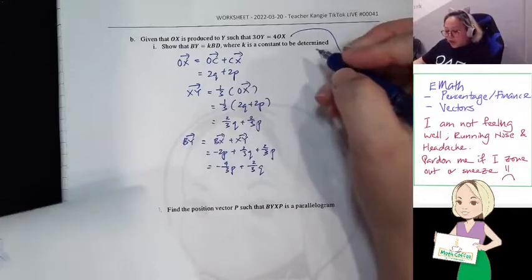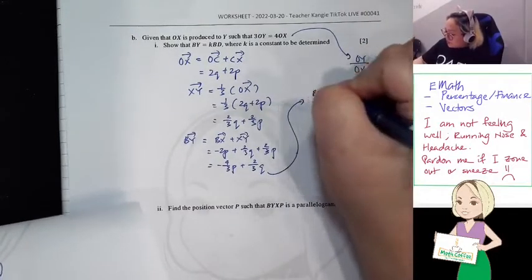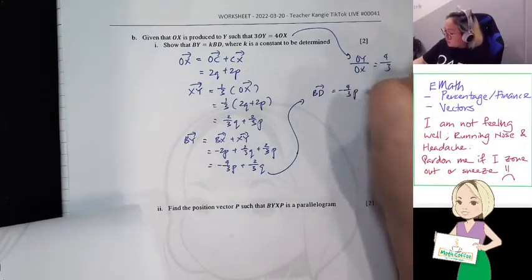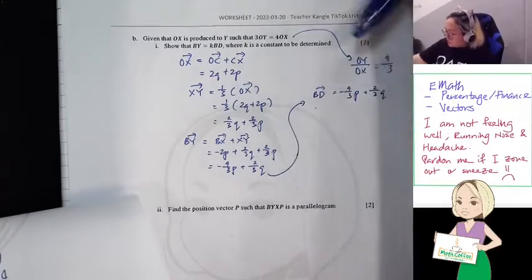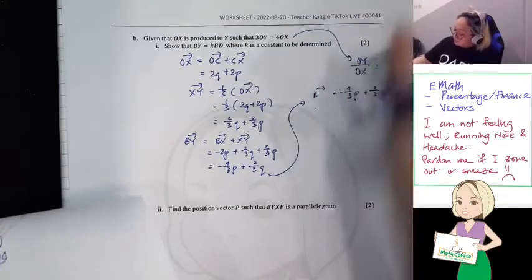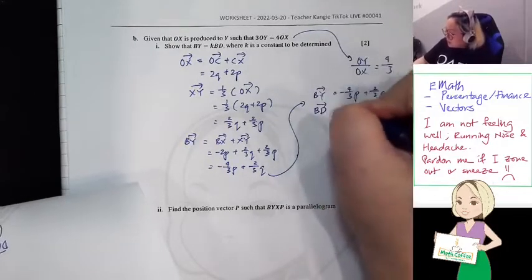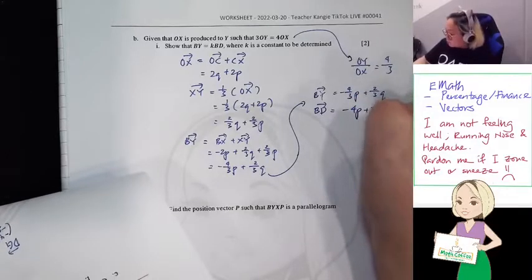So I just want to rewrite here. BY, which we just found, is minus 4/3 P plus 2/3 Q. My BD, previously we already found, is minus 4P plus 2Q.